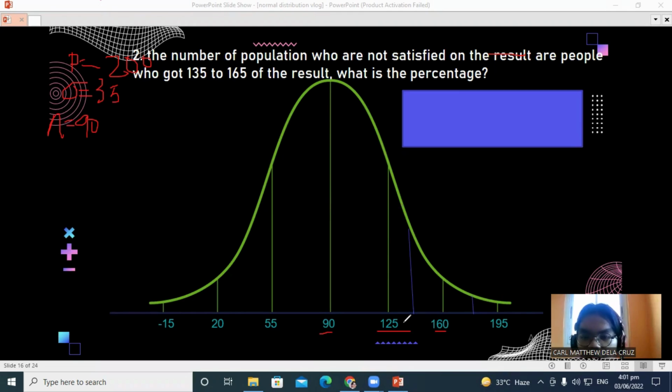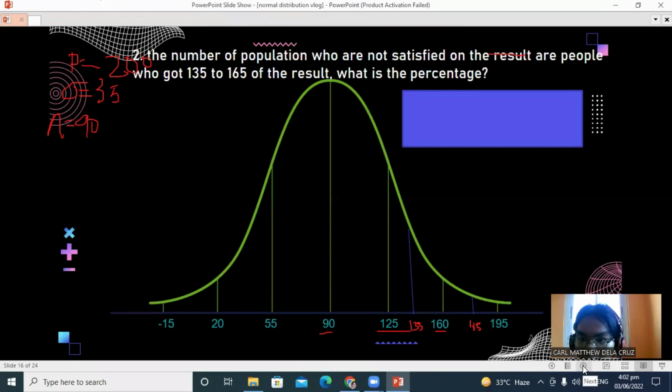From 125, it ranges from 126, 127, 128, 129, 130, 131, 132, 133, 134, and 135. So assume that there is a 135 here and 165 there. The 135 falls between 125 to 160, and 165 falls between 160 to 195.